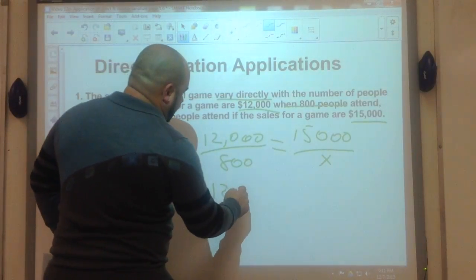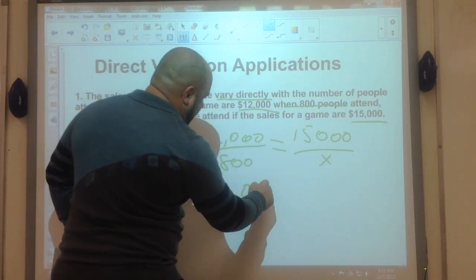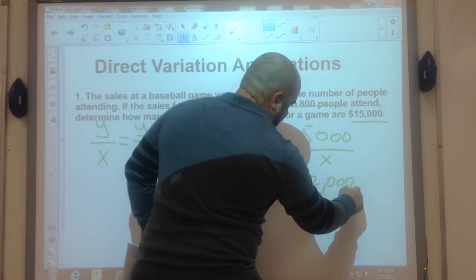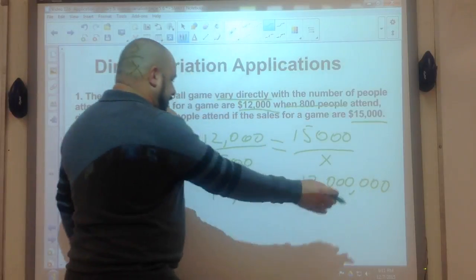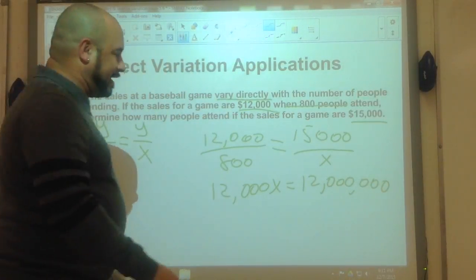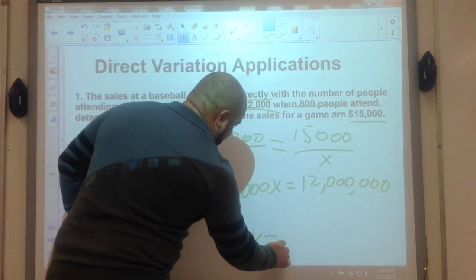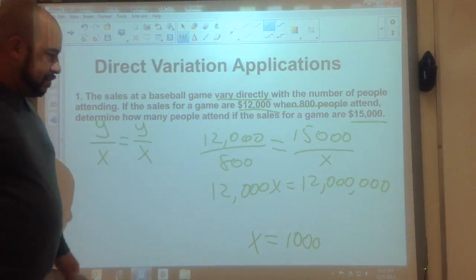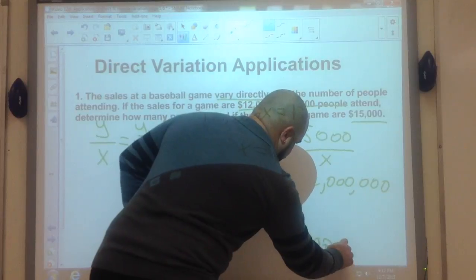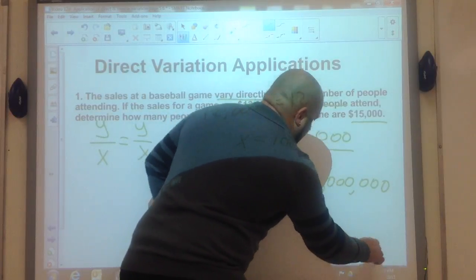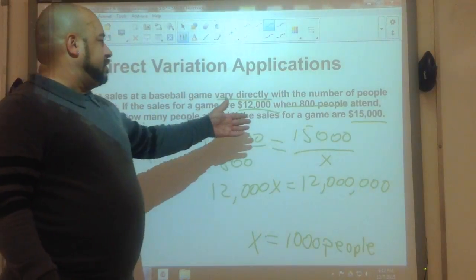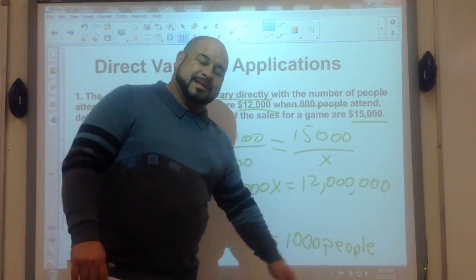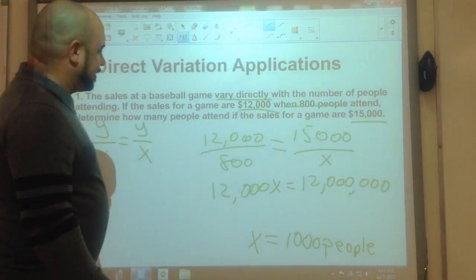And 12,000 times x gives you 12,000x. Divide by 12,000 on both sides, and you get x equals 1,000 people. So if the game had $15,000 in sales, that means about 1,000 people attended the game.